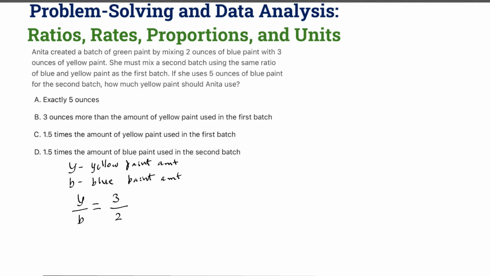And if we multiply both sides by B, we will get Y is going to be equal to 3/2 B. Okay.